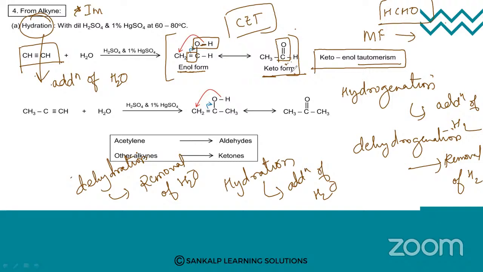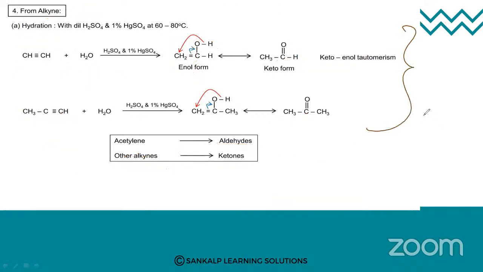Now here, one more example they have given. Whenever we take acetylene, only acetylene, you will get aldehydes. Other than acetylene, if you take any other alkynes, that is a molecule with a triple bond, then you will get a ketone. This example and the explanation, let us see in the next class.